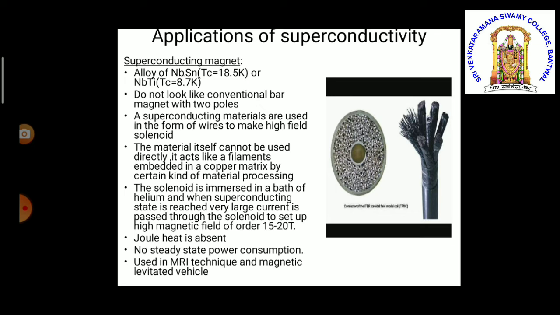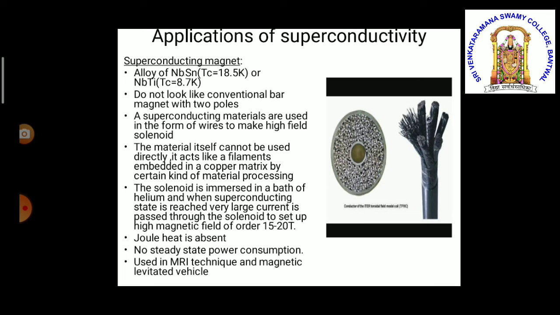Superconducting materials are used in the form of wire to make a high field solenoid. The material itself cannot be used directly. It acts like a filament embedded in a copper matrix by some kind of material processing. The solenoid is then immersed in a bath of helium, and when the superconducting state is reached, a large current is passed through it, so that it will set up a magnetic field of the order of 15 to 20 Tesla.